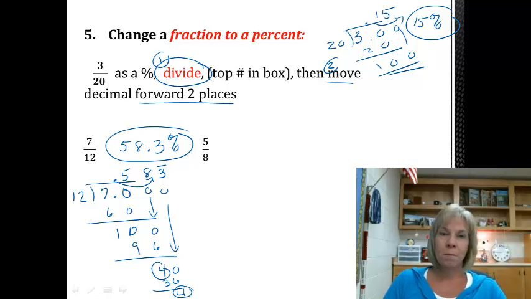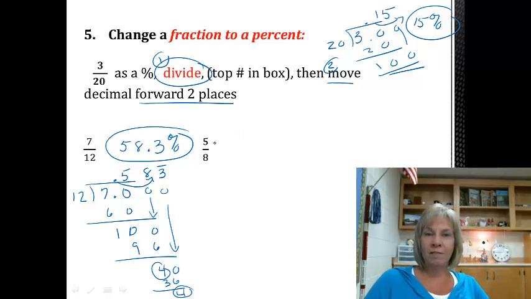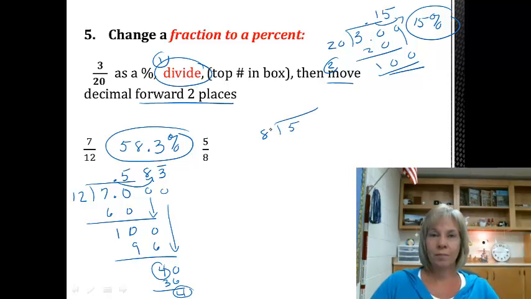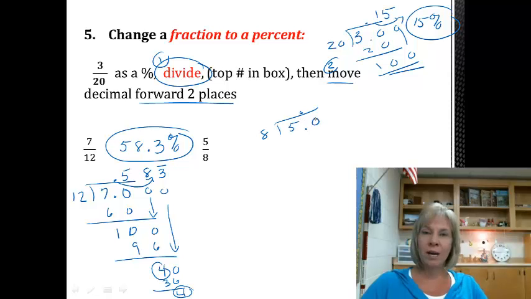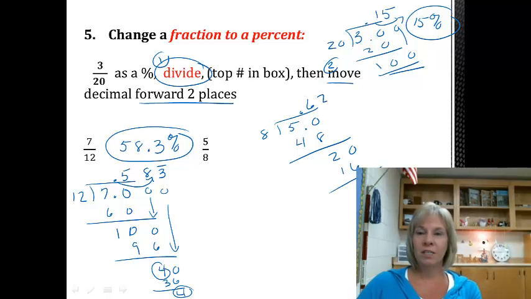All right, I want you to work out 5/8. Pause the video for a minute while you do that, and then turn it back on. We'll see if you did it right. Okay, so 8 doesn't go into 5, so we have our decimal, our 0. 8 goes into 50 6 times, which is 48. 20. 8 goes into 20 2 times, 16. 8 goes into 40 5 times.